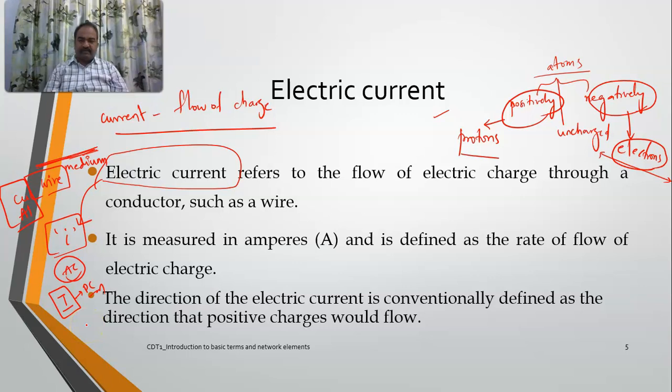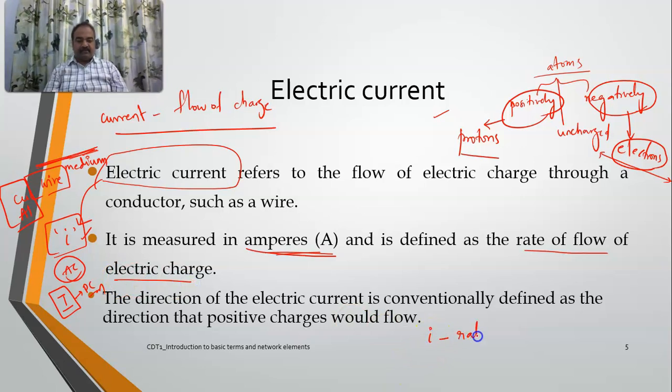Anyway, current is represented with the letter I, and it is measured in amperes. And the true definition of electric current is the rate of flow of electric charge.